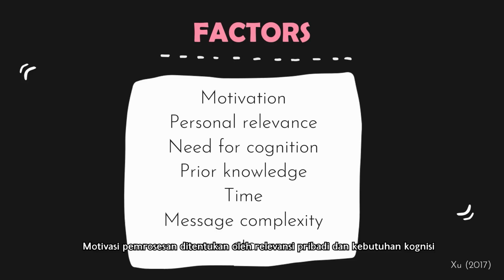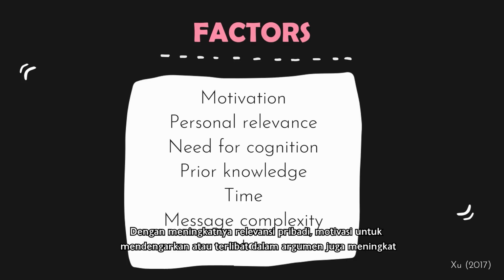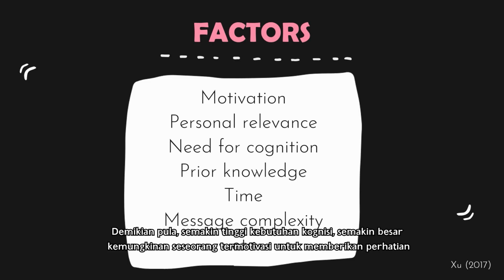In turn, processing motivation is determined by personal relevance and need for cognition. As the personal relevance increases, the motivation to listen or engage in the argument also increases. Similarly, the higher the need for cognition, the more likely a person is motivated to pay attention.